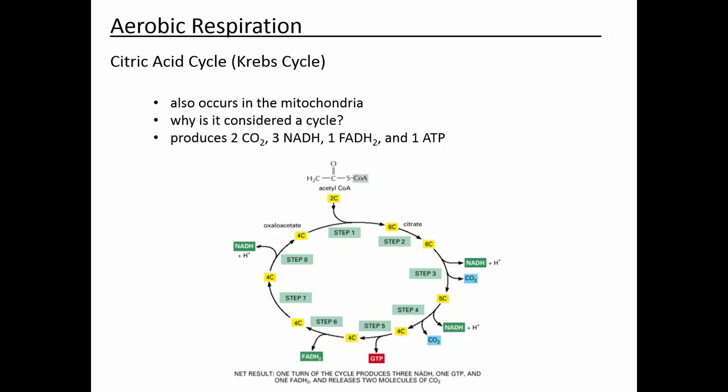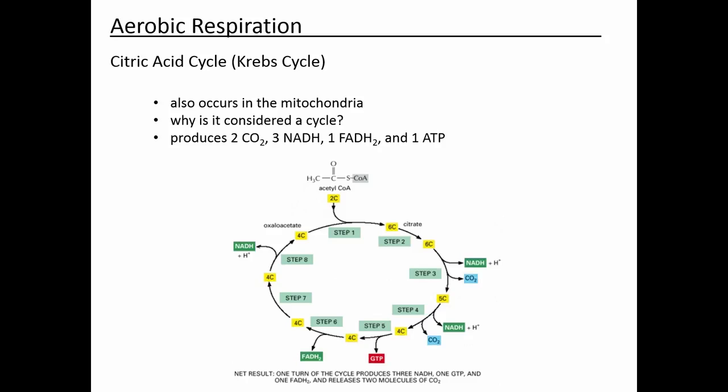Now, keep in mind that per glucose molecule, you're going to get 2 acetyl coenzyme A's entering this cycle. So we can describe it as the cycle turning twice per glucose molecule. Basically everything you see happening in that pathway happens twice per glucose molecule.